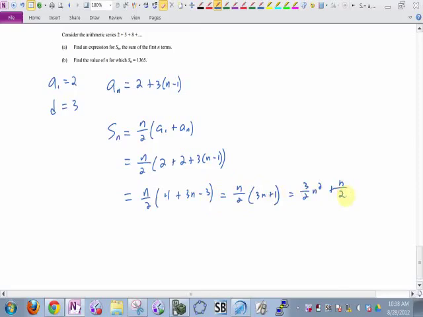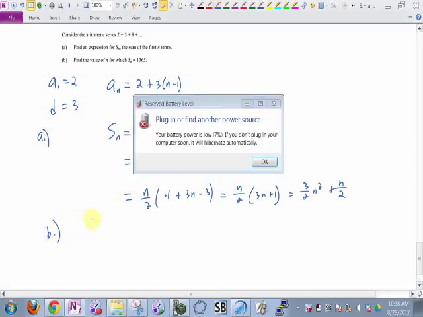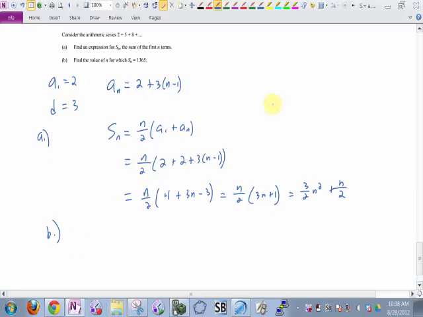So then they want you to find the value of n that gives you a sum of 1,365. Well, that's really easy. This is the reason you want to have it simplified.